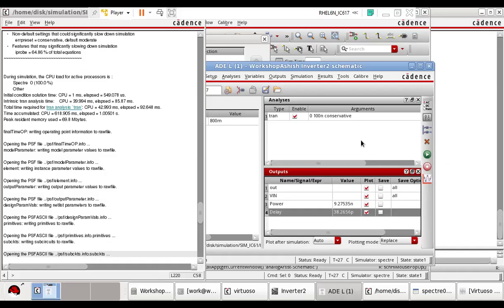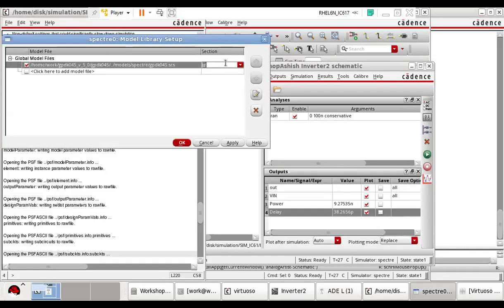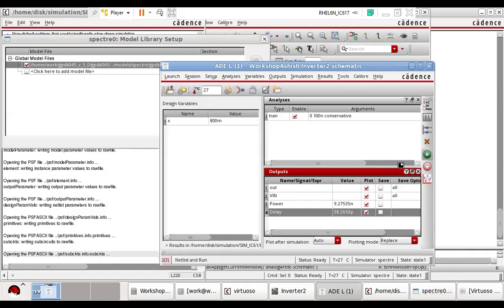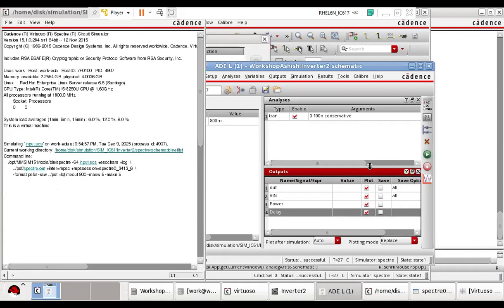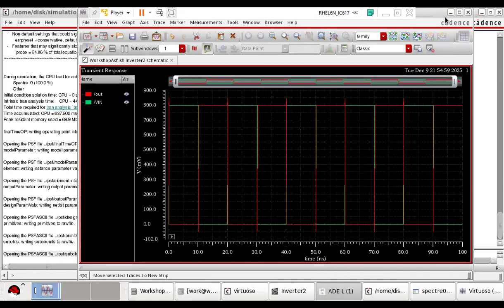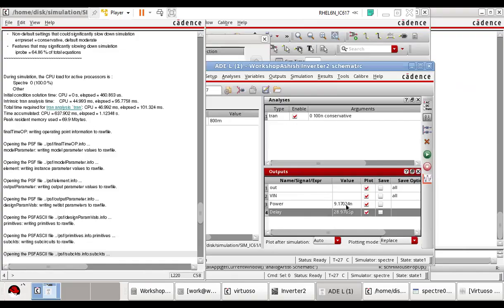If you have any question on this process corner analysis, I've shown you almost all the corners. One corner is left, which is called FS. That I also show you the results. It again impacts and it shows 9.17 nanowatt is the power and 28.97 is the delay.